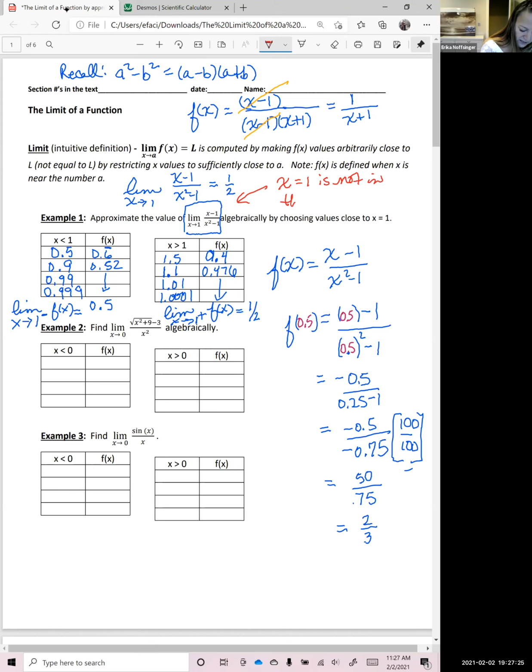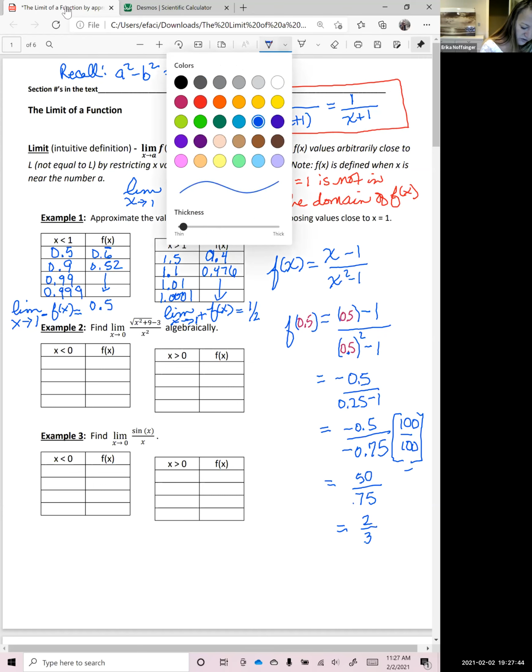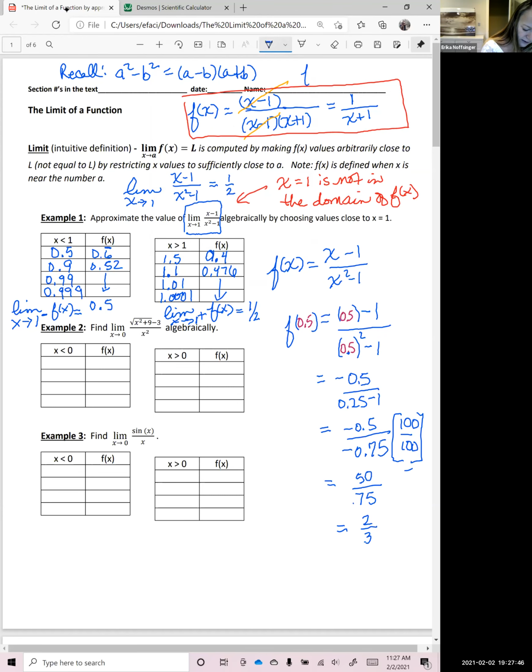But now let's look at this and plug it into the simplified form of f of x. If we go back in and we use f of x as 1 over x plus 1, and we just look at what's happening at f of 1 here. So we go in and we plug in a 1 wherever we see an x.